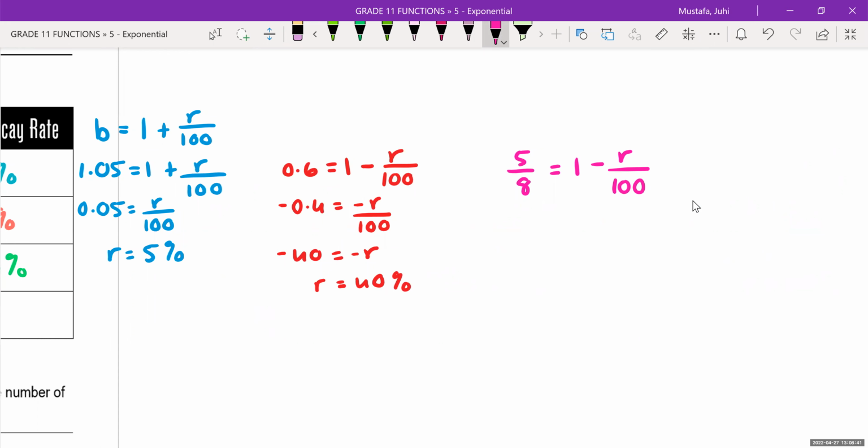I'll move the 1 over, so it'll become 5 over 8 minus 8 over 8 is equal to negative R over 100. This will be negative 3 over 8 is equal to negative R over 100. We can actually cross multiply. So when you cross multiply, you end up getting 3. What's that?